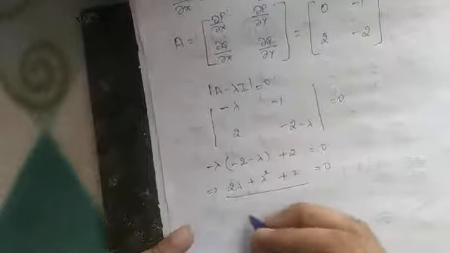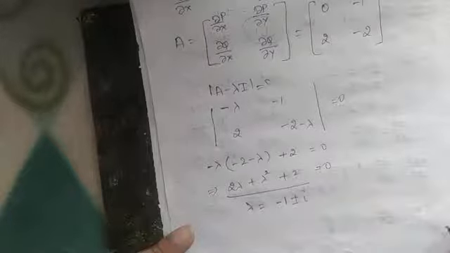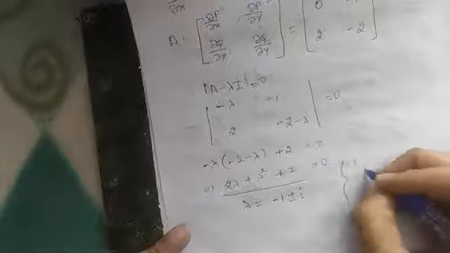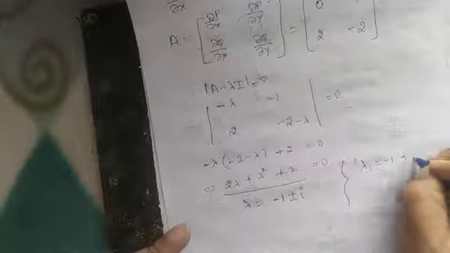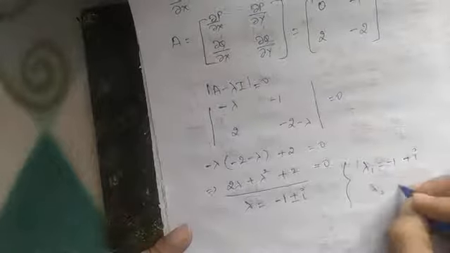If you solve this, you will get lambda is equal to minus 1 plus or minus i. So that means lambda 1 is minus 1 plus i and lambda 2 is minus 1 minus i.